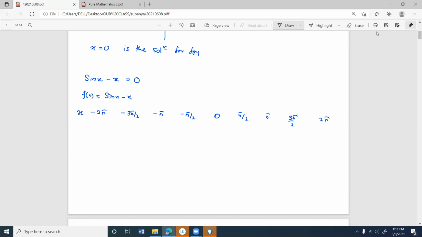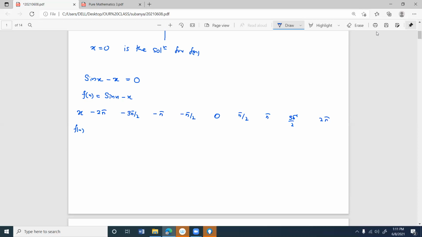Then let's substitute these figures and see what the solution is. Then you get f(x). If I substitute here, your calculator should be in radian mode. We put in sin x minus x, starting from minus 2 pi and ending at 2 pi.